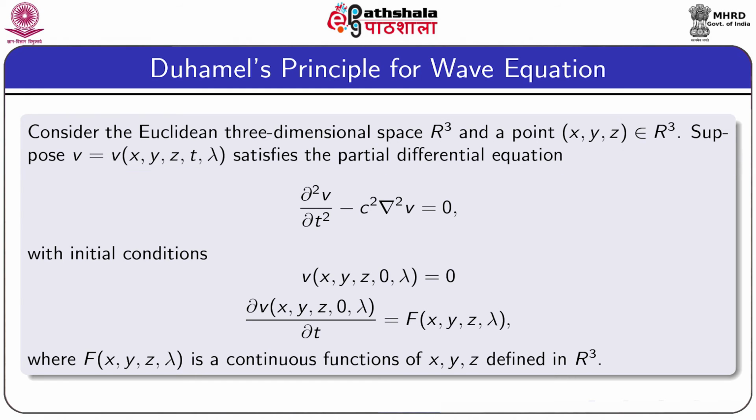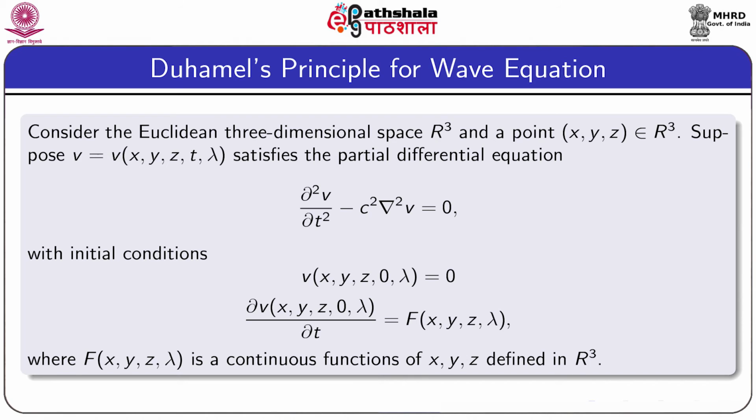Suppose V is a function of x, y, z, t and lambda, where lambda is some parameter, which satisfies the partial differential equation del 2V del t square minus c square Laplacian V equals 0.